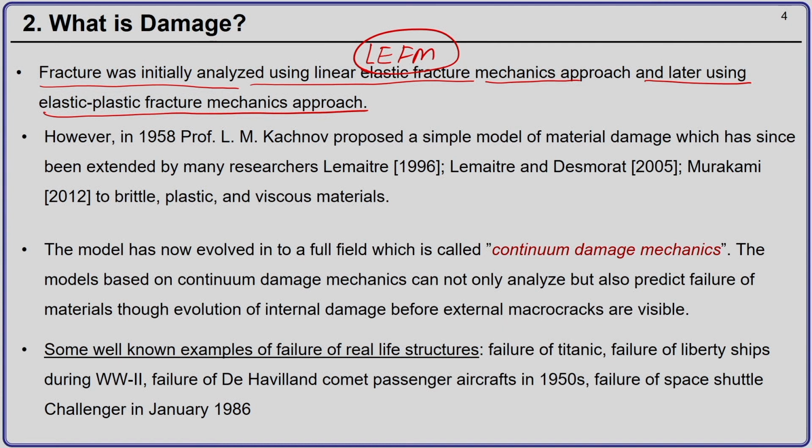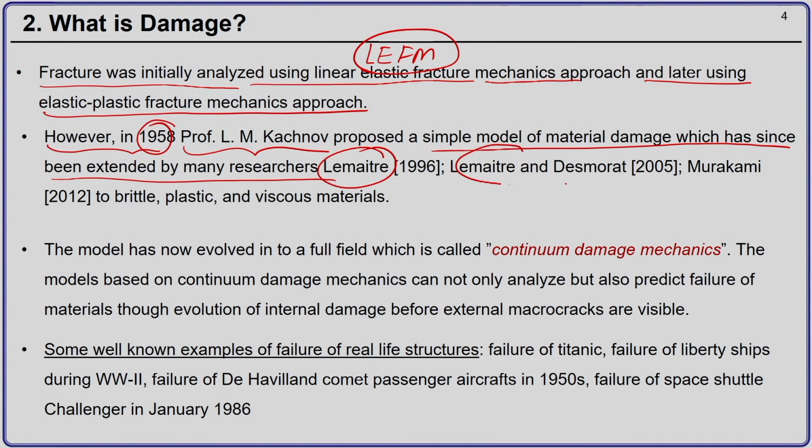However, in 1958, Professor L.M. Kachanov proposed a simple model of material damage, which has since been extended by many researchers like Lemaitre, Desmorat, and Murakami, to brittle, plastic, and viscoelastic or viscoplastic material.